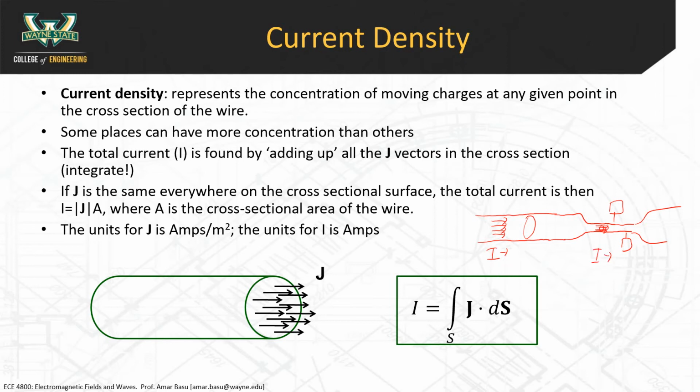So however many charges are flowing through this portion of the pipe, which is wide, or this portion of the trace, the same number of charges are moving through this as well. So you can see here that the current density is higher. So that's the second example.